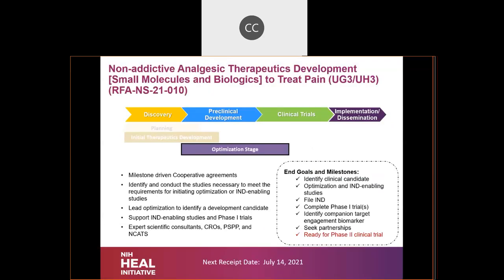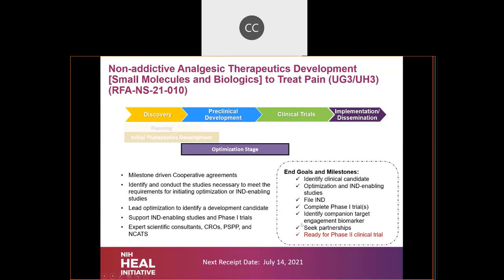There's also, if you're in the pain-related area, the non-addictive analgesic therapeutics development program, and this also does small molecules and biologics. It is mirrored after the Blueprint program, but also has a requirement that you consider a companion target engagement biomarker.